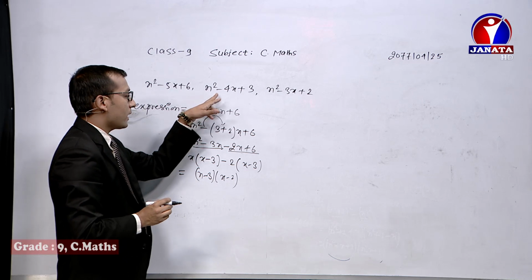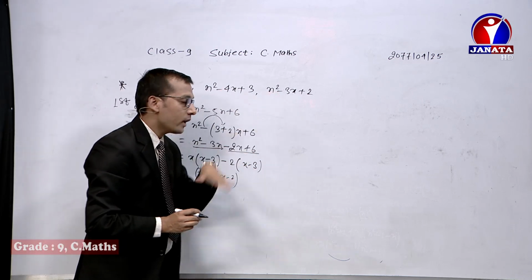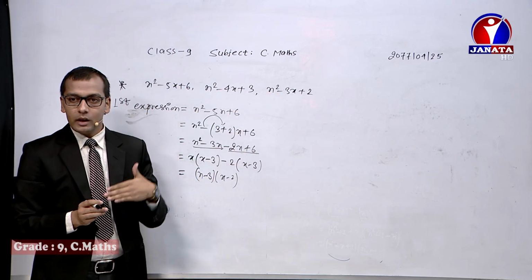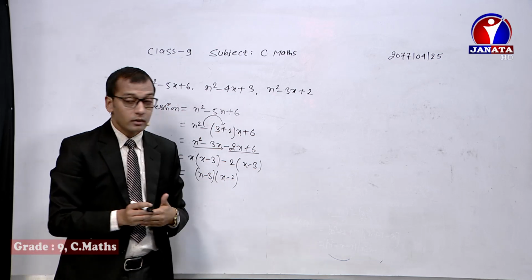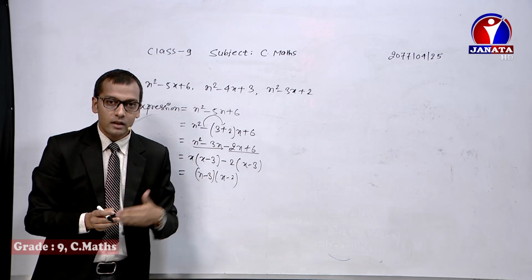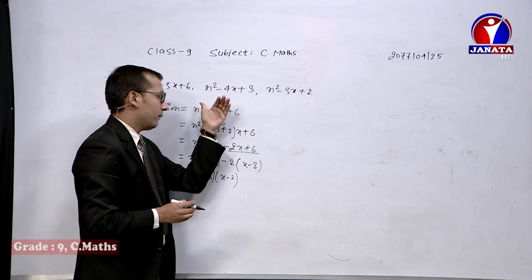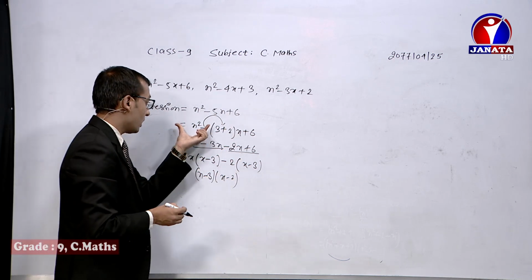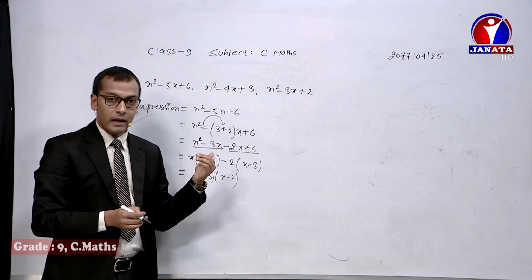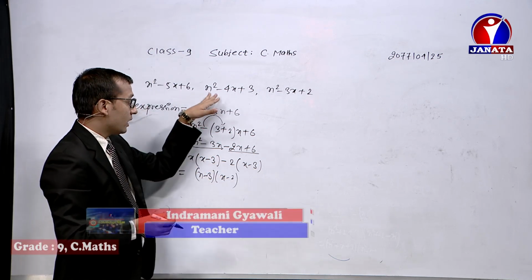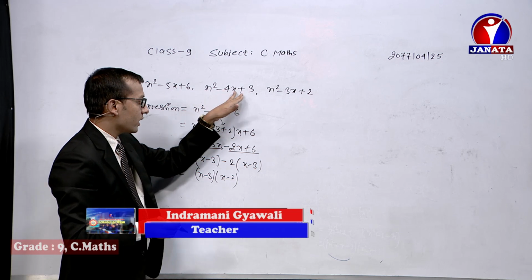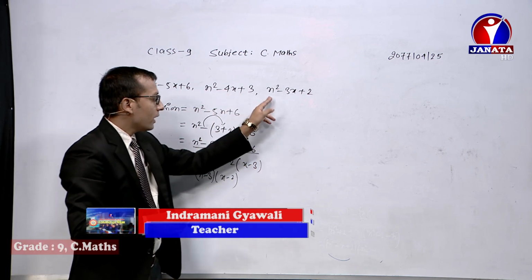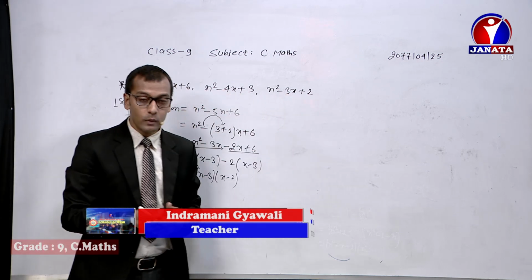Similarly, if we factorize the second and third expressions, then we can find HCF and LCM. So I am leaving this question for practice. I have done one expression here, it is factorized. Similarly, we can factorize x square minus 4x plus 3 and x square minus 3x plus 2.